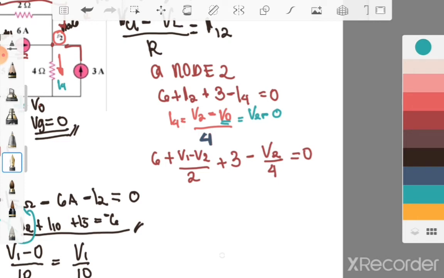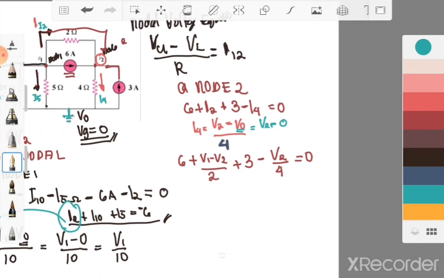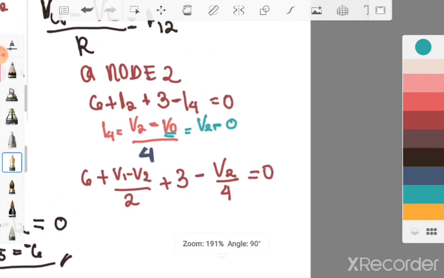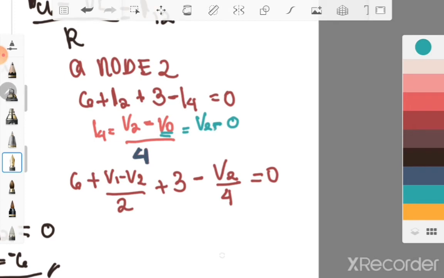So, in my problem kasi, ang ginagawa ko is that your VO is equal to your Vg, wherein it is equal to 0. Your Vg is the ground. Okay? In this case, my Vg is equal to my VO, which indicates voltage 0 or 0 volts. Okay? So, we have V2 minus 0 all over 4, which is equal to V2 all over 4. Right?